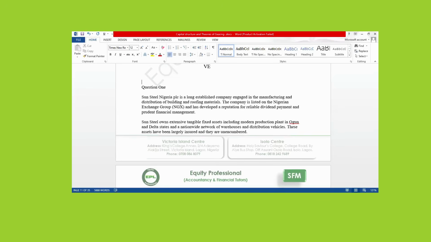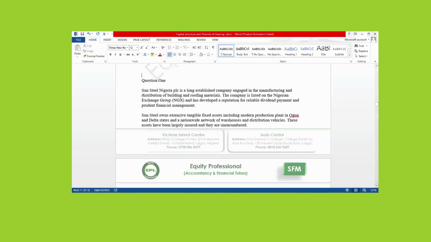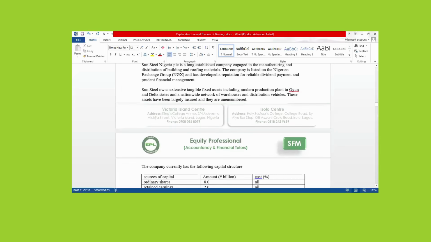Sun Steel owns extensive tangible fixed assets, including modern production plants in Ogun and Delta states, and a nationwide network of warehouses and distribution vehicles.